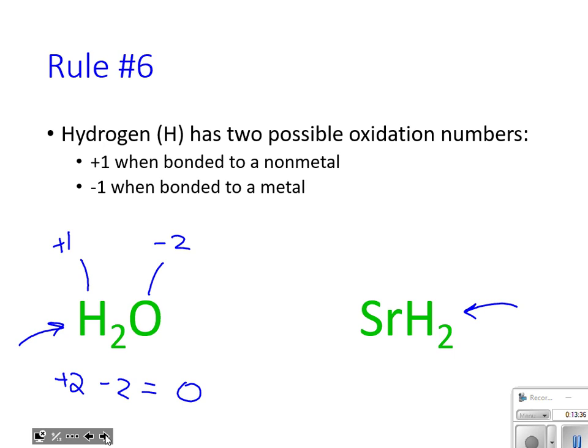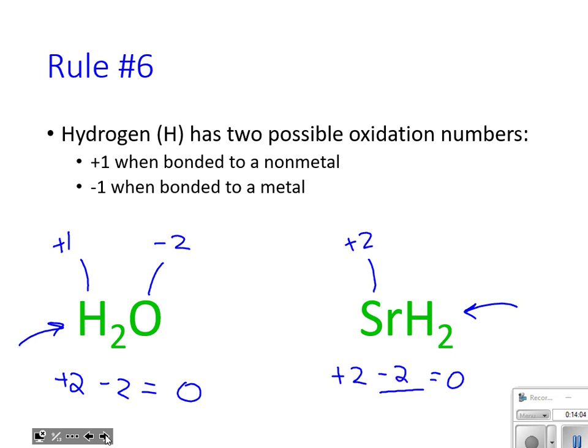Now, if I would follow my rules, I know strontium, I just said rule number 5 was talking about the group 2A metals. I know strontium is a group 2A metal, so it's going to take a +2 oxidation number. So in order for my equation to be correct, I'm going to have this be a -2.